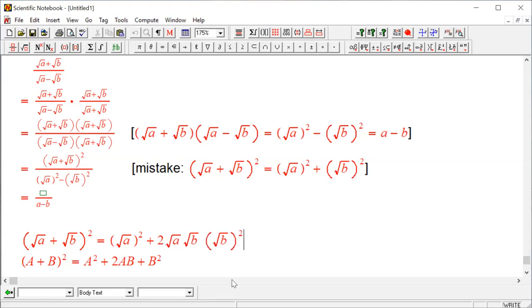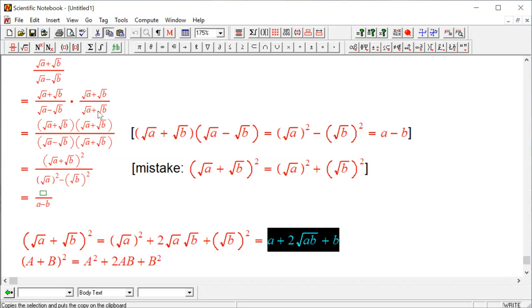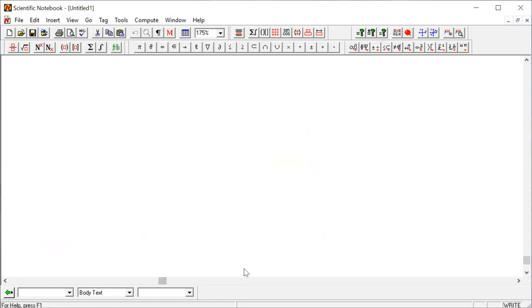So this will be the correct one. Root a squared, that's a, plus, here it should be a plus sign there, sorry for missing it. And then the middle term is 2 times root a times b, plus b.